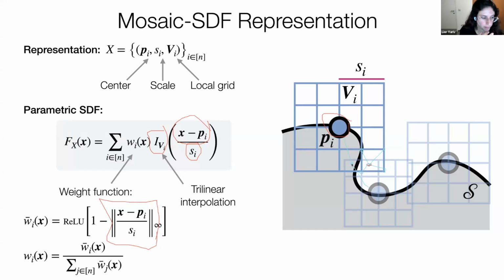So we reconstruct by looking at what value is at our pixel, and then we take a normalized sum of those values for all the local grids that contribute to that point. Exactly.